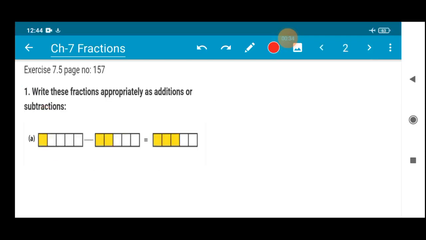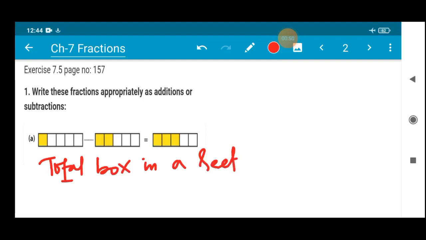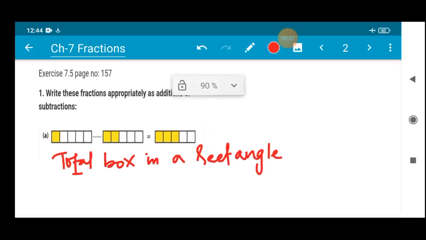Okay, so question number 1a I have here. You can see easily that there are how many parts in one rectangular box? 1 2 3 4 5. So let me write: total boxes in one rectangle is equal to 5.